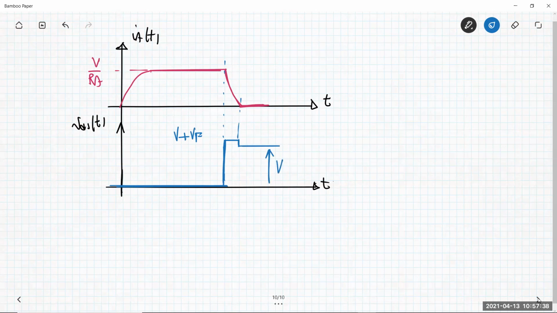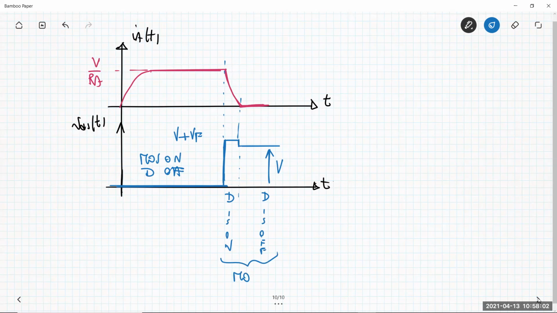So the MOSFET here is on, D off. Here the D is on. Here the D is off. But in both situations, the MOSFET is off. Okay?